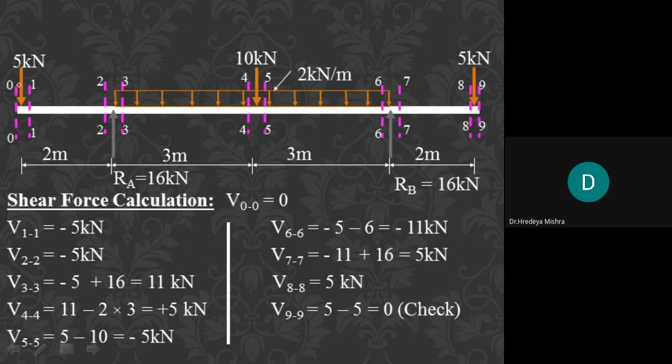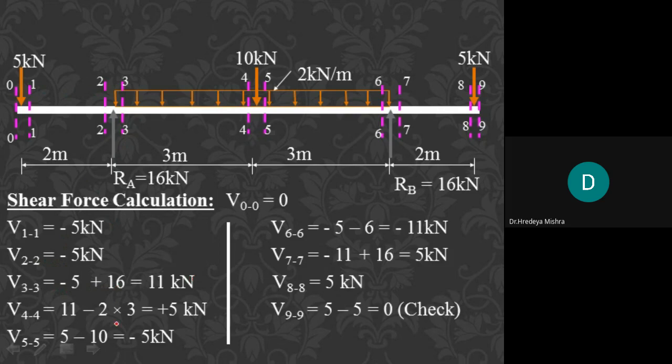In between 1-1 and 2-2 there is no additional force, so the value is the same for V22. When we reach V33, a 16 kilonewton force is applied upward, and upward force is positive. Minus 5 plus 16 is 11 kilonewton.